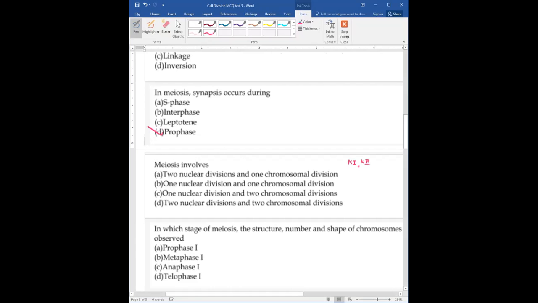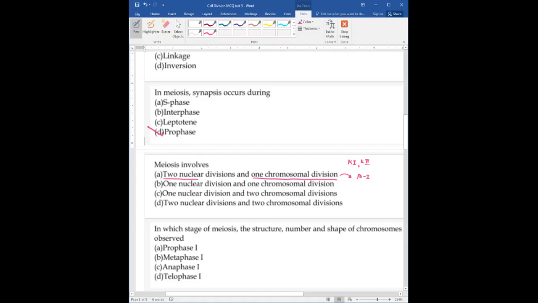Aren't these nuclear divisions? Yes. So nuclear divisions are going to be two. But one chromosomal division, where? This is going to happen in anaphase 1, because the chromosomes are going to be divided equally, reduced to half. So yes, this is going to be only once.